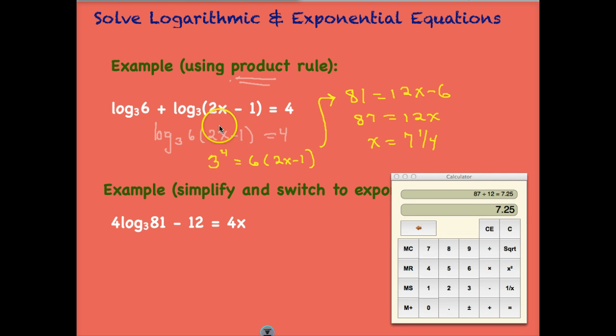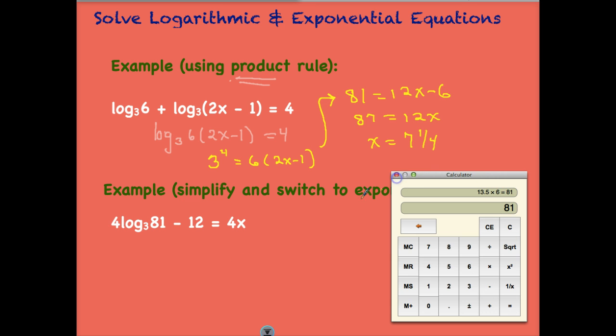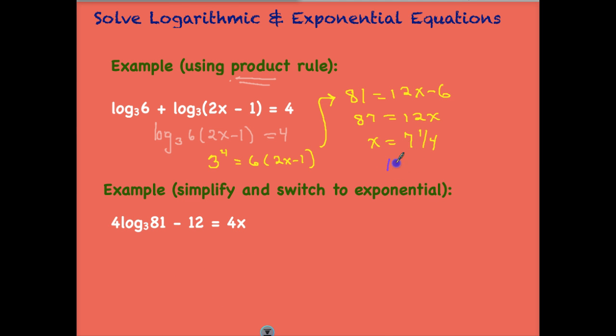So in this case, I can use my combined logs since I'm really not changing what my object is. So 7 1/4 times 2 minus 1, and then multiply by 6. I get 81. So what does that mean? Well, if I write it out, what that's saying is I have log base 3 of 81 equals 4. If I raise 3 to the 4th power, do I get 81? I do. So my answer checks out.